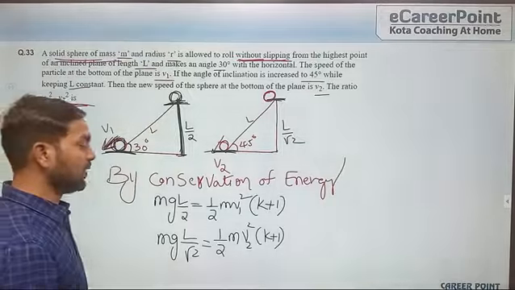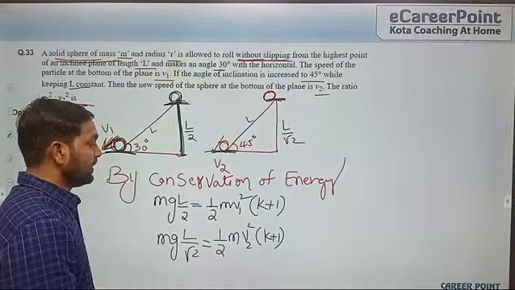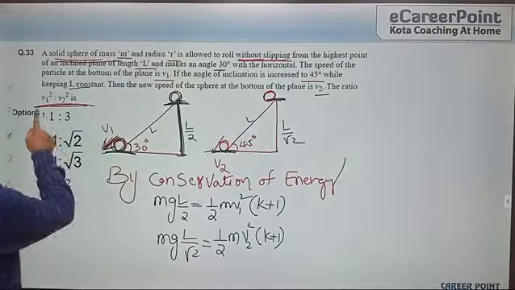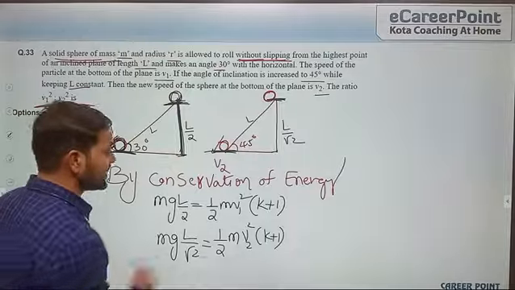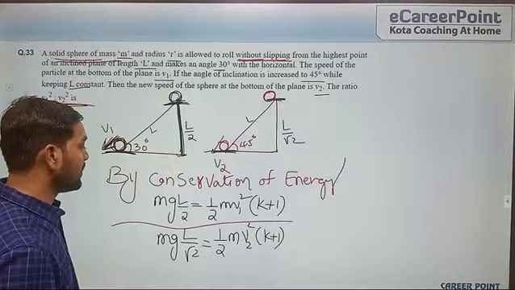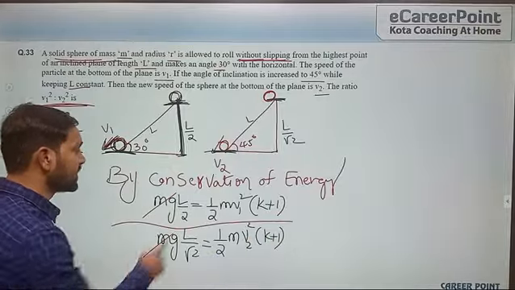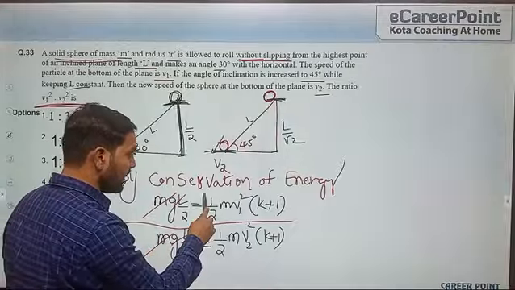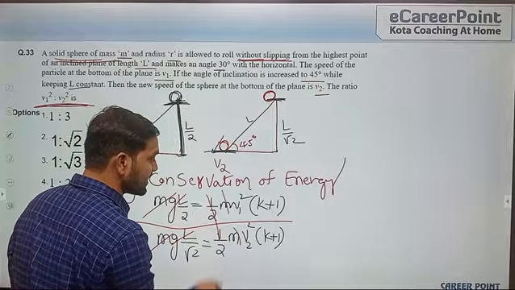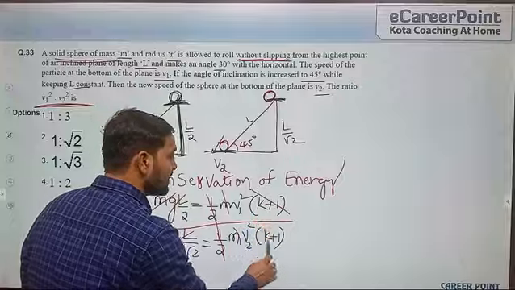K plus 1. So we want the ratio of v1 square to v2 square. Let us divide these two. Then mg will get cancelled out, L gets cancelled out, 1 by 2 m will get cancelled out, and k plus 1 will get cancelled out.